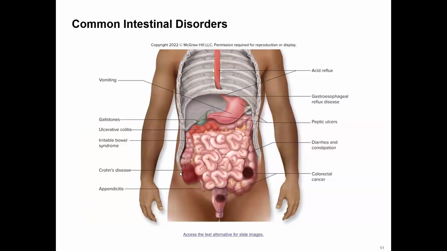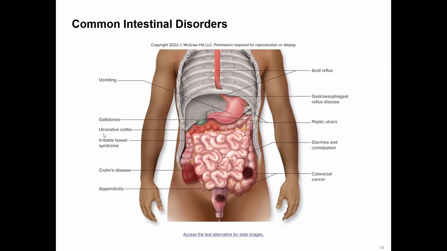And the last little graphic here, I just want to show you, is pinpointing where different issues or disorders of the intestines could take place along the majority of the GI tract. You can see with the esophagus, you would have acid reflux going into the stomach. You could potentially have peptic ulcers in the stomach area and going into that first section of the small intestines.